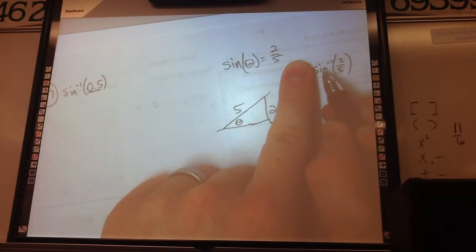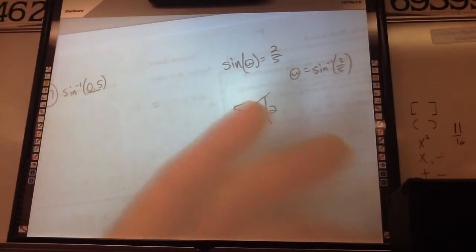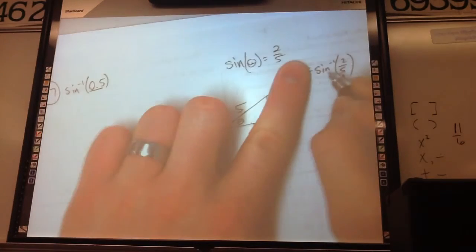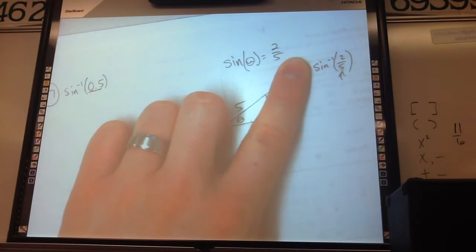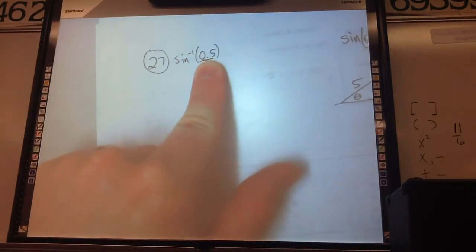So this means what angle has a sine ratio of 2/5? Sine ratio meaning the ratio of the sides: the opposite divided by the hypotenuse will be 2/5. So this says what angle has a sine of 1/2.